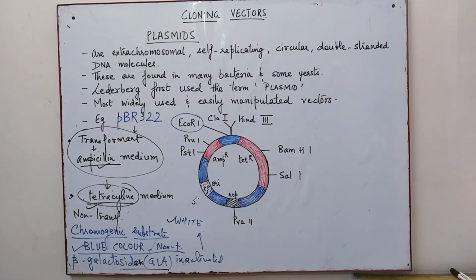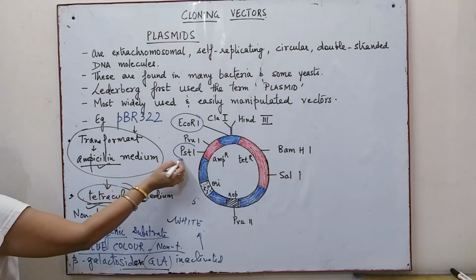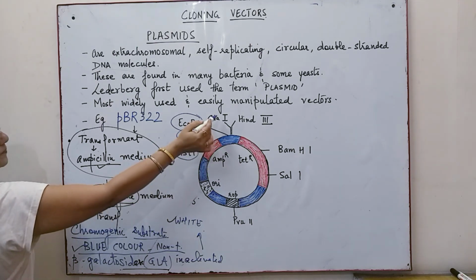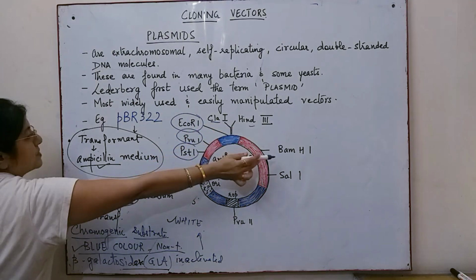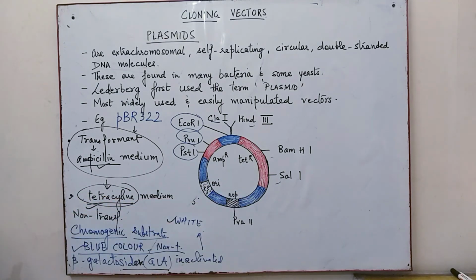And the third is BamHI, SalI. All these are restriction sites. So there are overall, if we see, 6 or 7 restriction sites over here. This BamHI, SalI, all these are restriction sites.